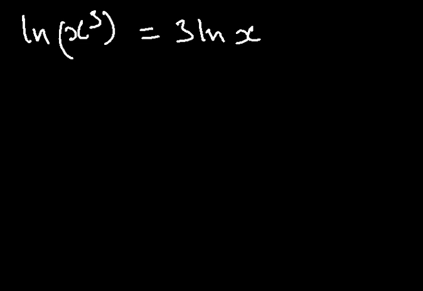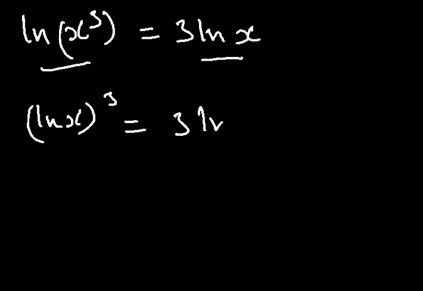Try to do this in your own time. You should try to recall whatever we've been doing, if it is possible. Let's say we have ln x to the power 3, which is equal to 3 ln x. What would be the solutions for this?